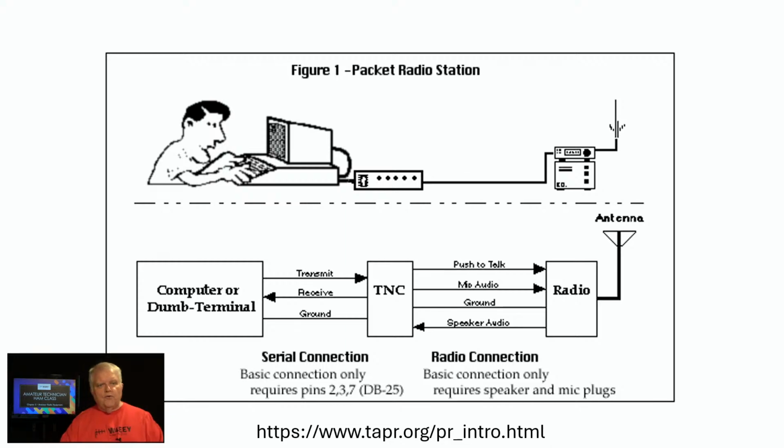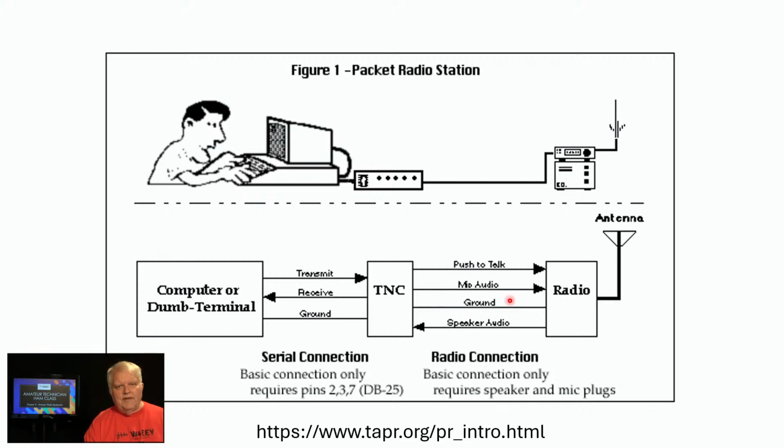Packet radio uses little radios like this walkie-talkie, and running signals into the microphone input and from the speaker output, and to a box called a terminal node controller, or TNC. And on one side you could have a computer or a dumb terminal where you could type information into the TNC.